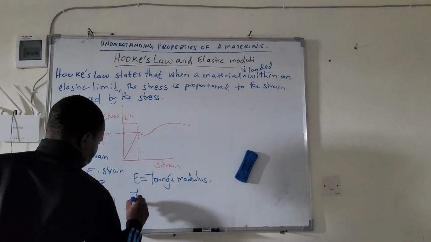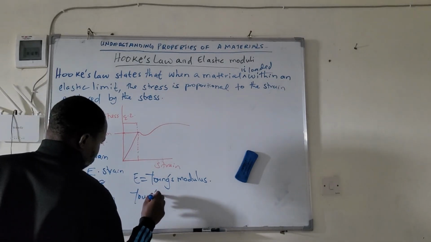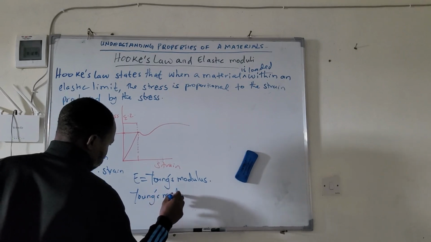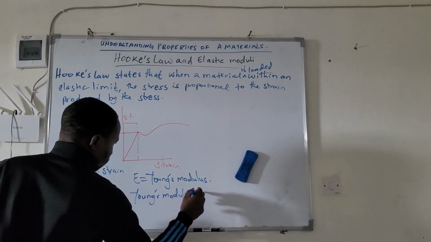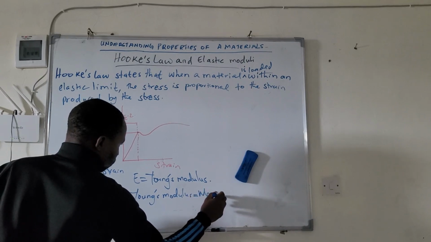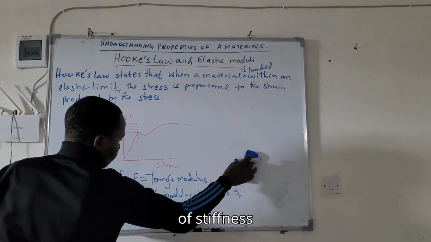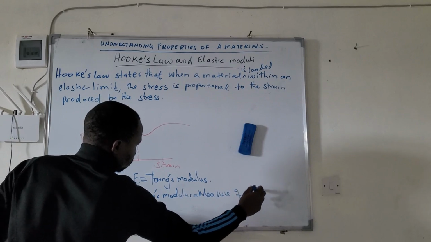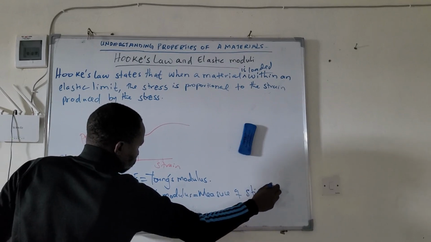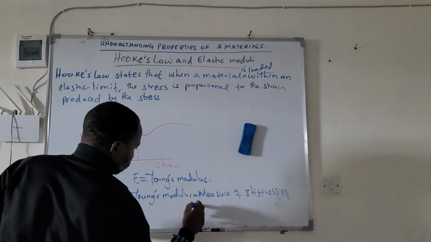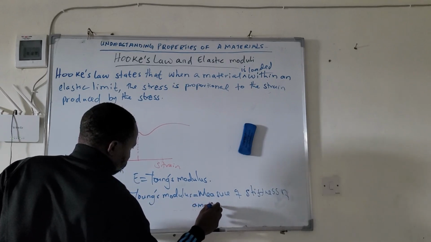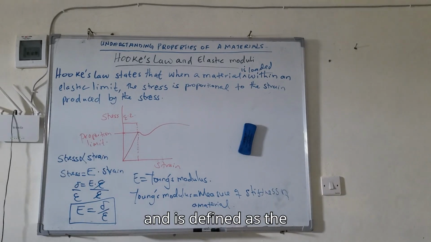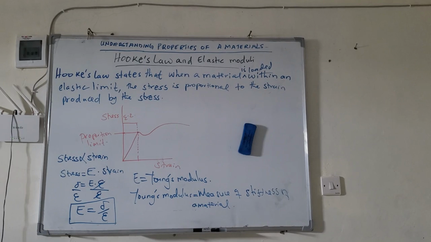So Young's modulus is the measure of stiffness of a material, and is defined as the ratio of stress to strain in a material within an elastic limit.